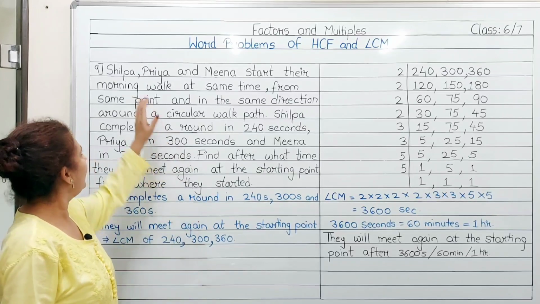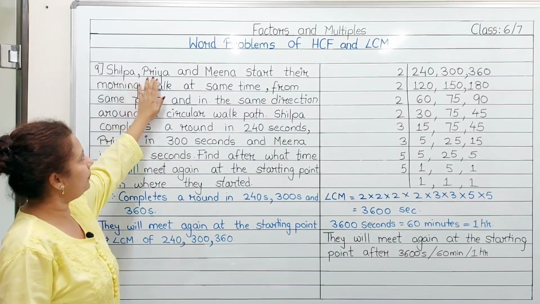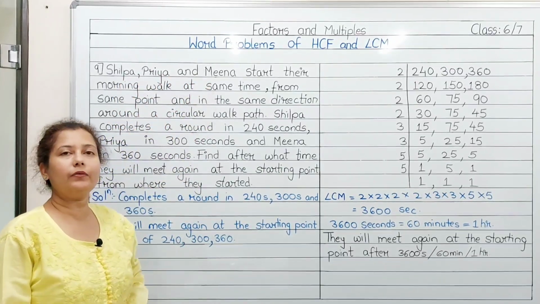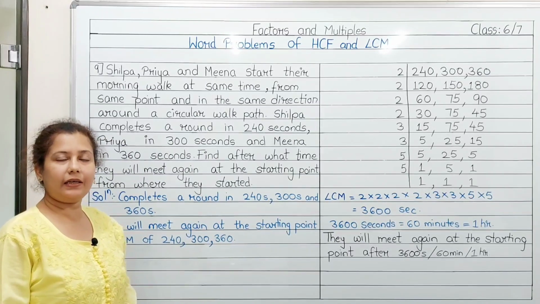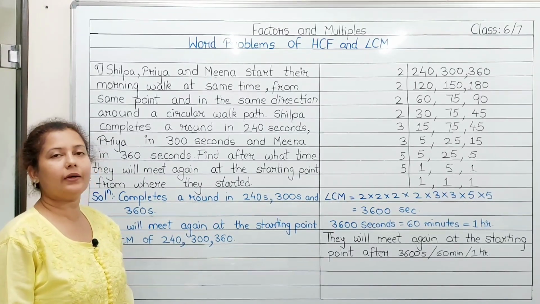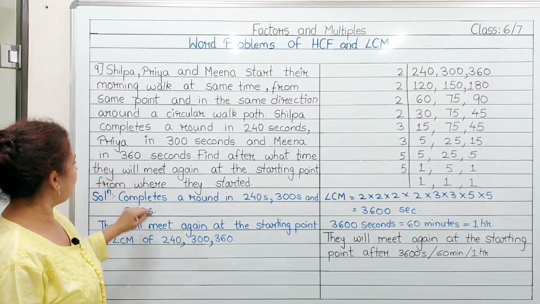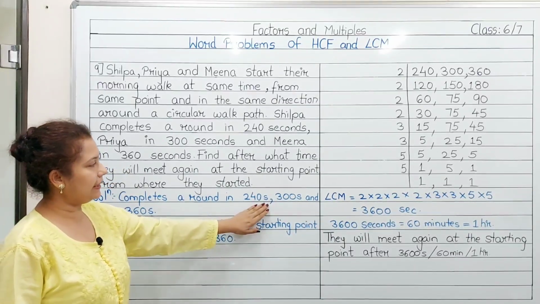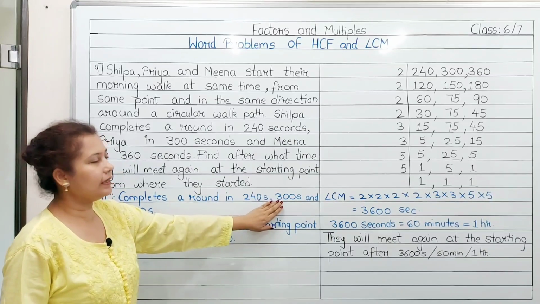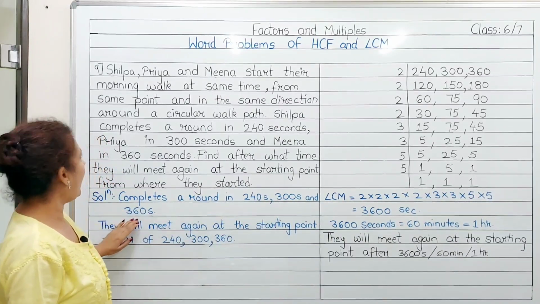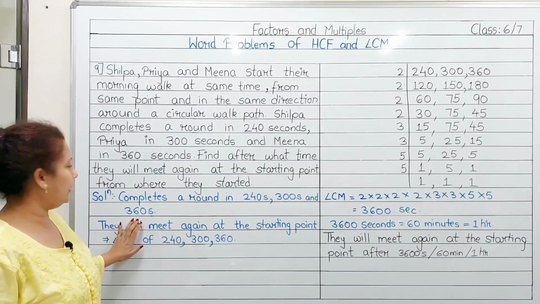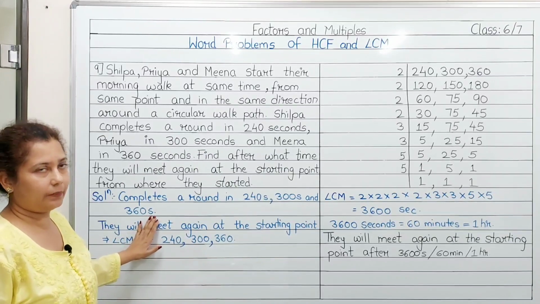Now in this sum, three girls, Shilpa, Priya and Meena, are going for a morning walk starting from the same point and walking in the same direction. Shilpa takes 240 seconds, Priya takes 300 seconds and the third one, Meena, takes 360 seconds.